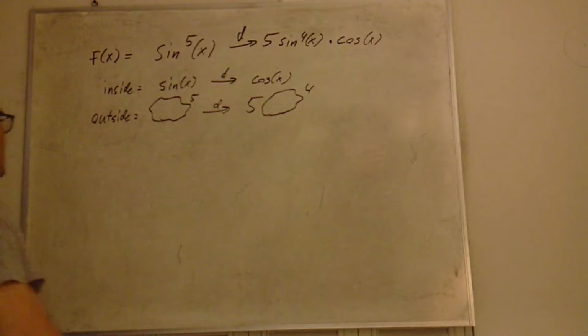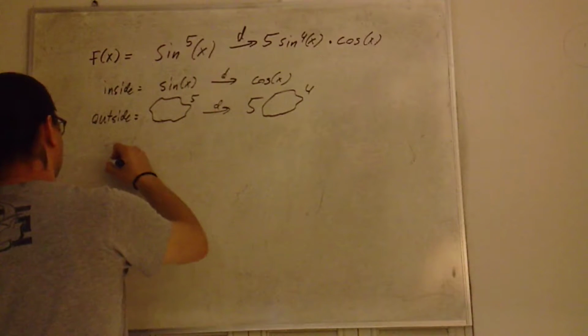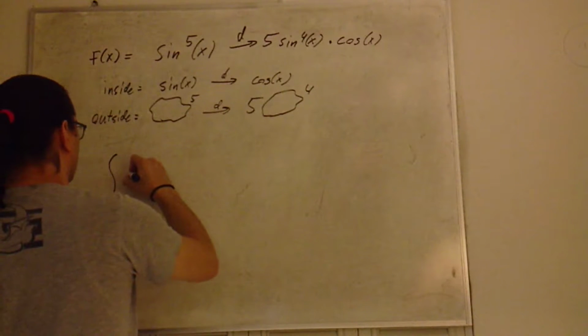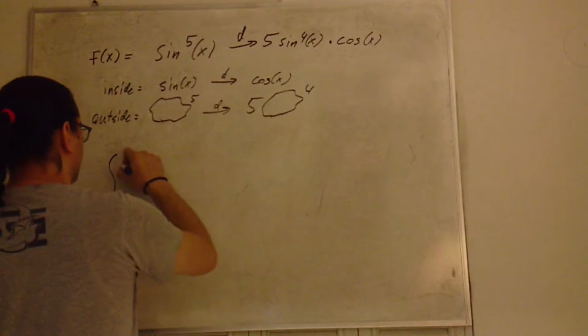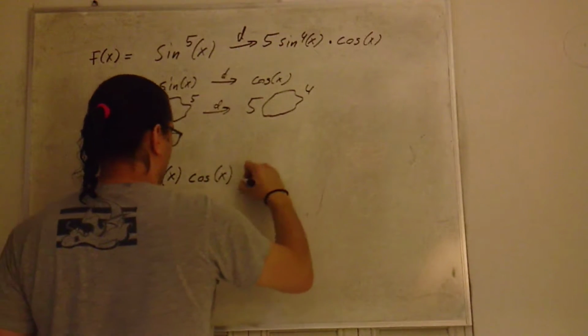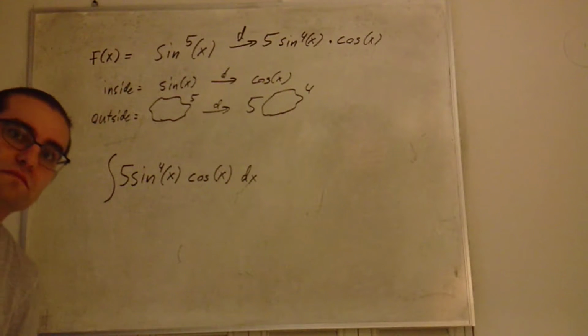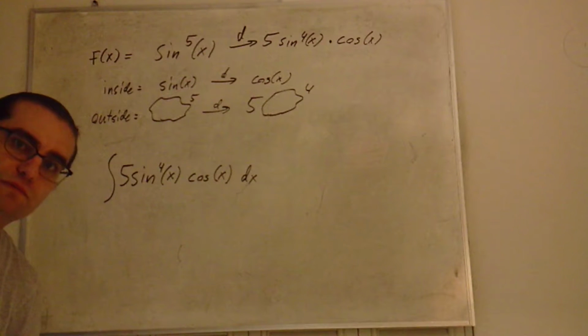So let's look at some antiderivatives. Let's talk about the antiderivative of sine to the 4th x cosine x dx. Hopefully, this is extremely simple.